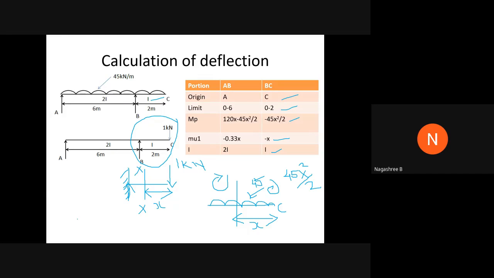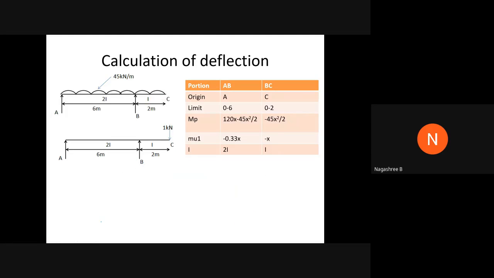Okay. So now, after taking these values, we'll get the value of deflection. First and foremost, we need to integrate between the values 0 to L, MU1 MP into dx divided by EI.